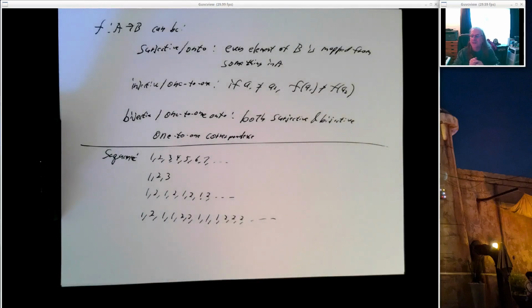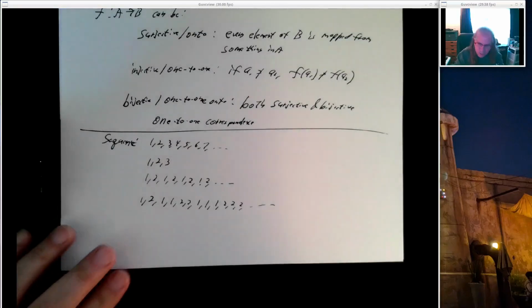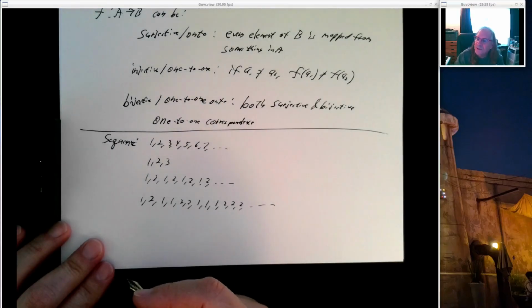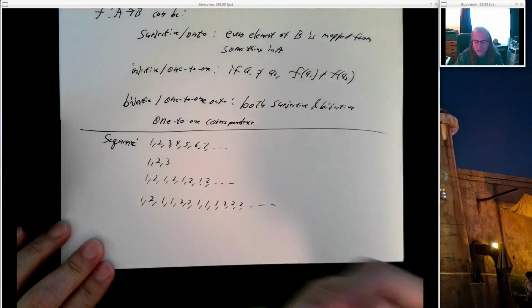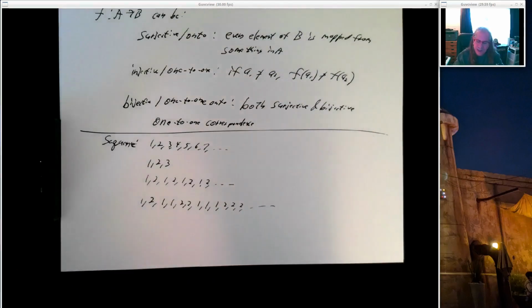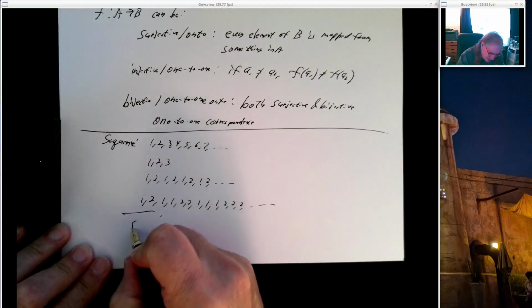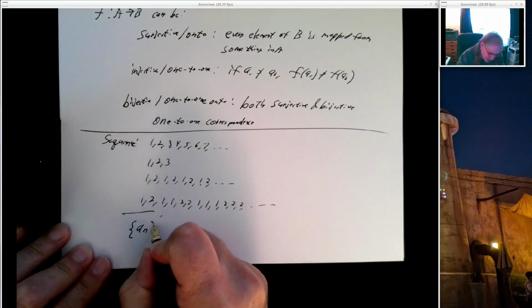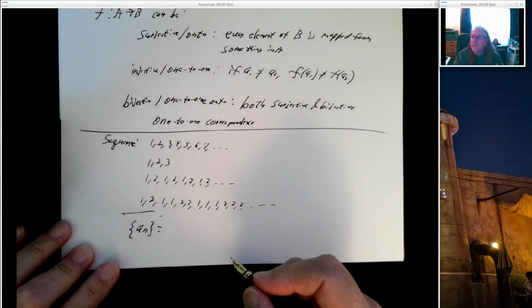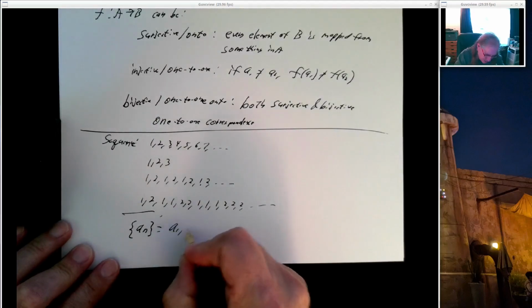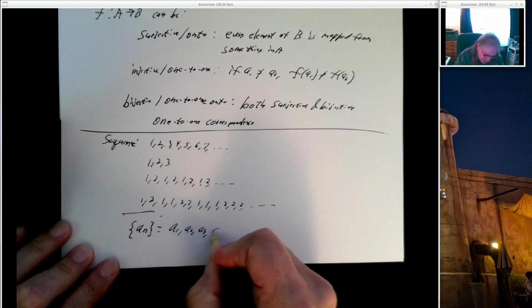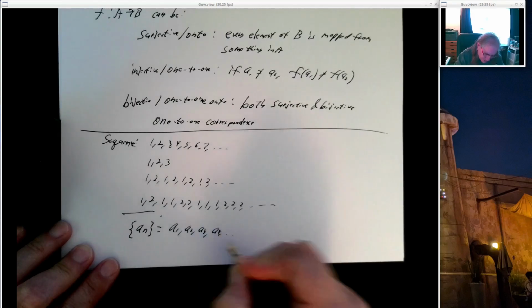All right, so we can write this sequence, and we can reuse some notation. We'll reuse notation a fair amount in here. We use curly brackets for sets, but we can also use them to describe a sequence. And so I can say curly bracket a_n to represent the sequence a_1, a_2, a_3, a_4, and so on.